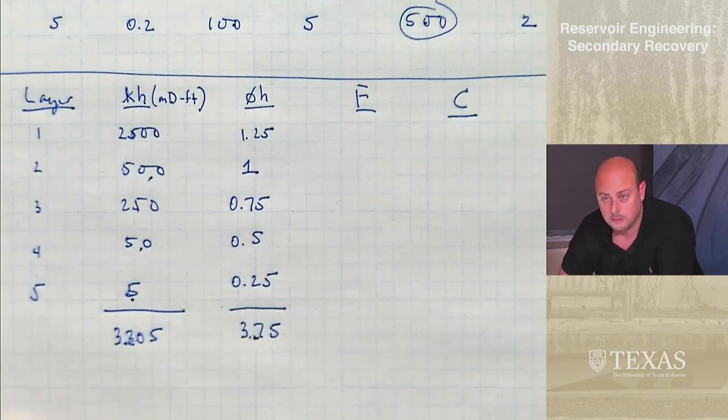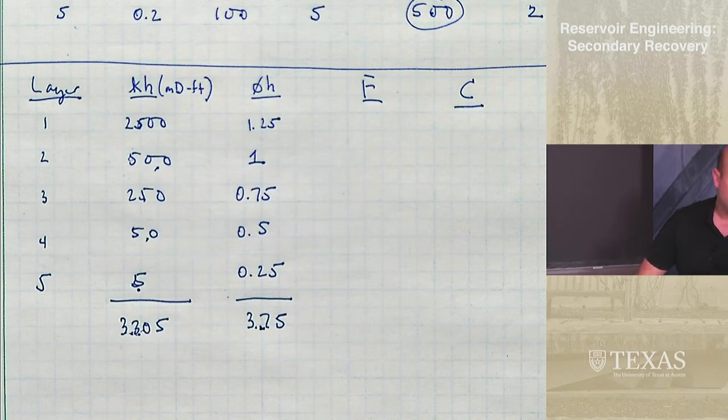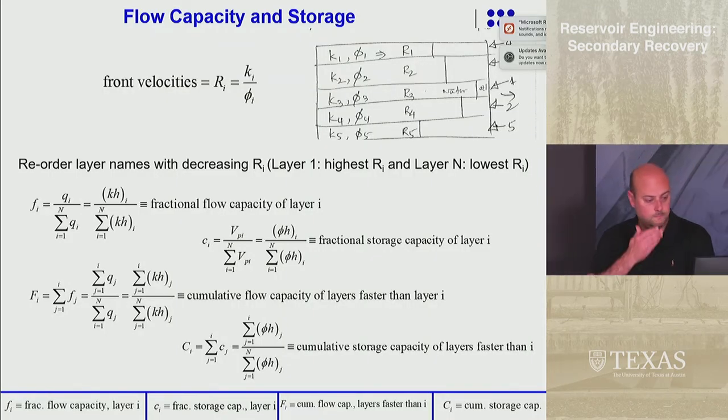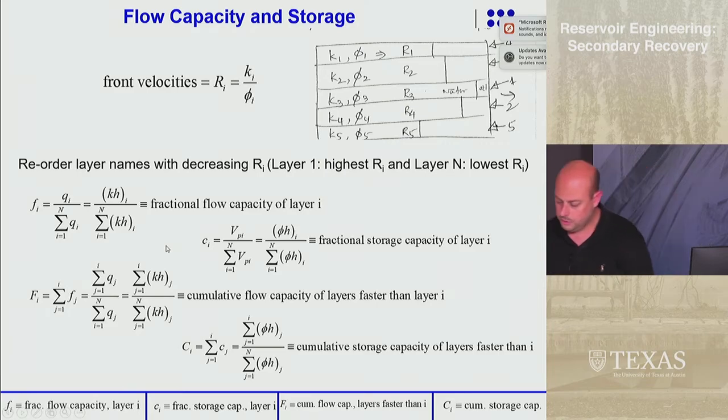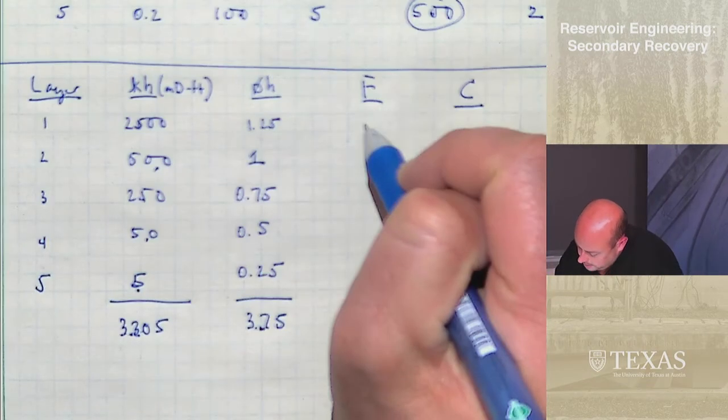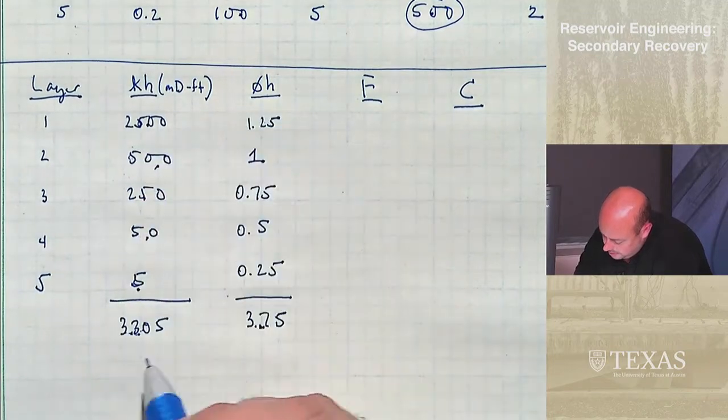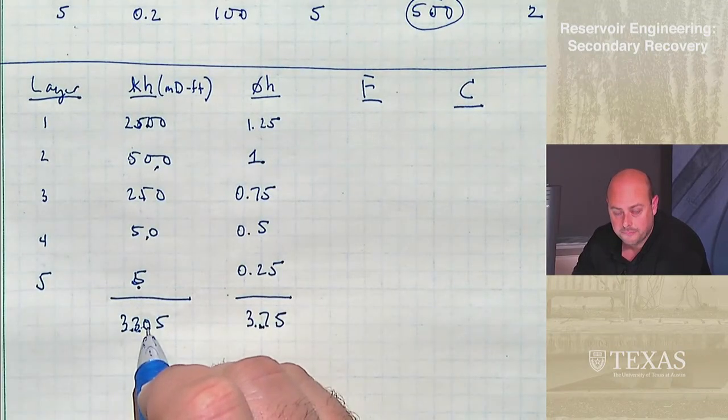But what about the numerator? Okay, let's go talk about that for a moment. So F, the numerator, is the sum from j is equal to 1 to i of my kh values. So if i is 1, I just do kh of 1. If i is 2, I do the 1 plus the second one. Okay, what do I mean by that? Let's go over here. So this is going to be 2,500 divided by 3,305.